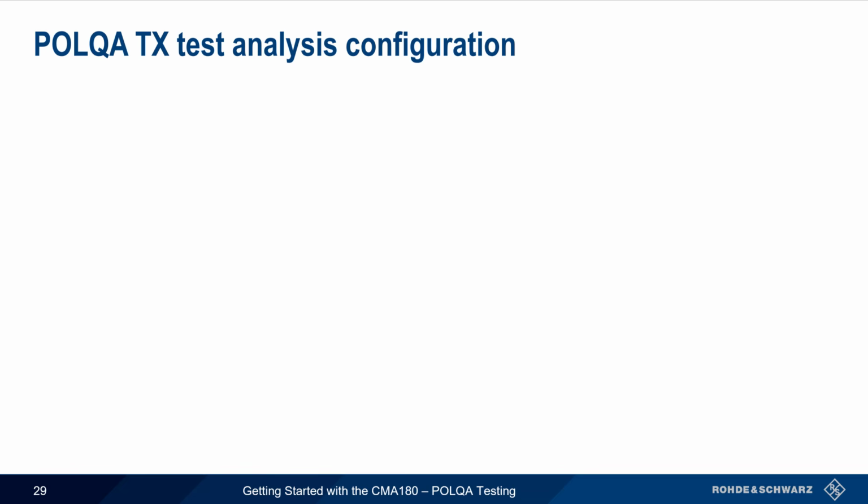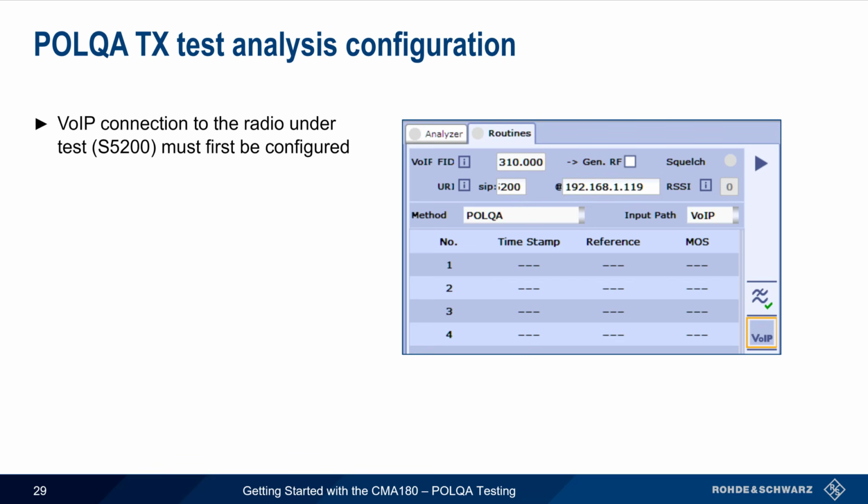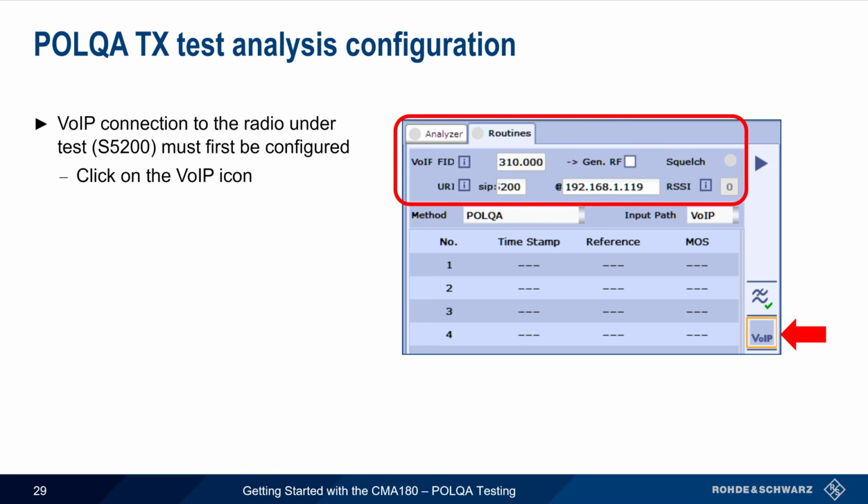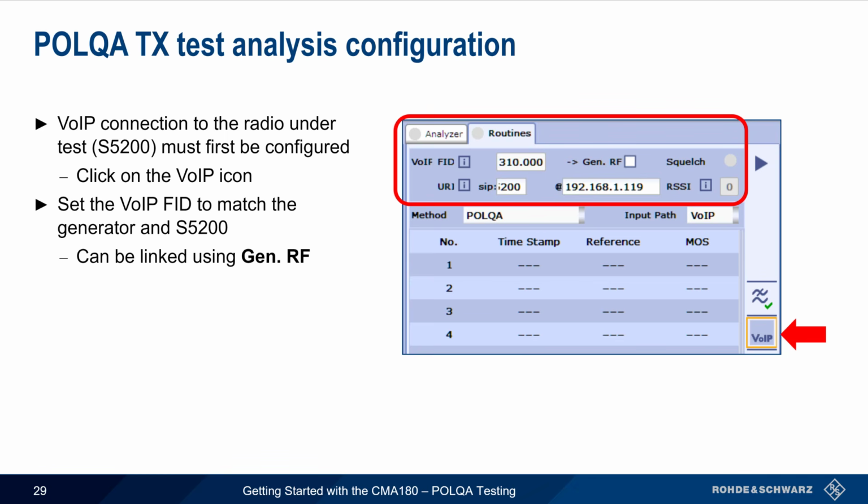Since the CMA180 will be receiving VoIP packets, we also have to configure the VoIP connection between the CMA and the S5200. This is done by going to the Routines tab and clicking on the VoIP icon. Here, we first need to set the VoIP frequency ID to match the RF generator frequency. These can be linked automatically using the Gen RF checkbox.